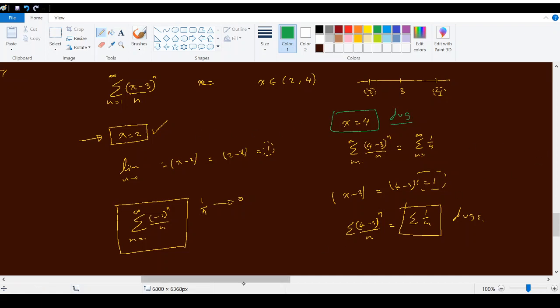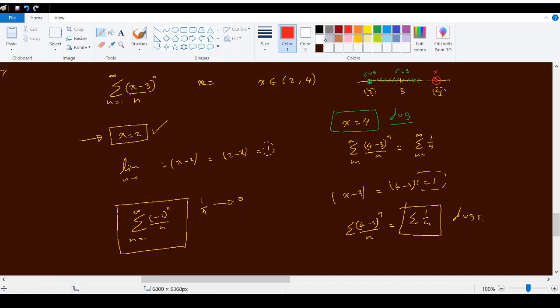Now see, in this region we say that the series converges, at x equals 2 we proved that the series converged, and at x equals 4 we proved that the series diverged.